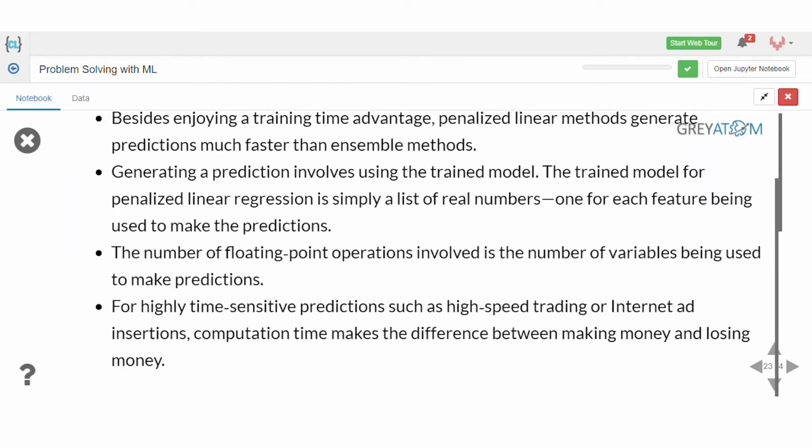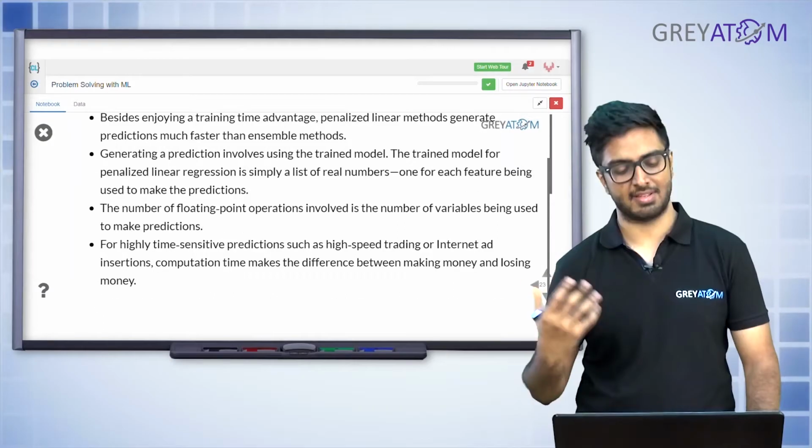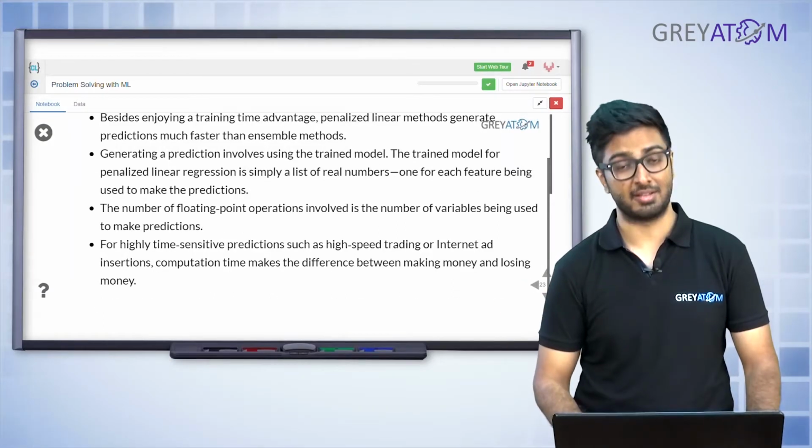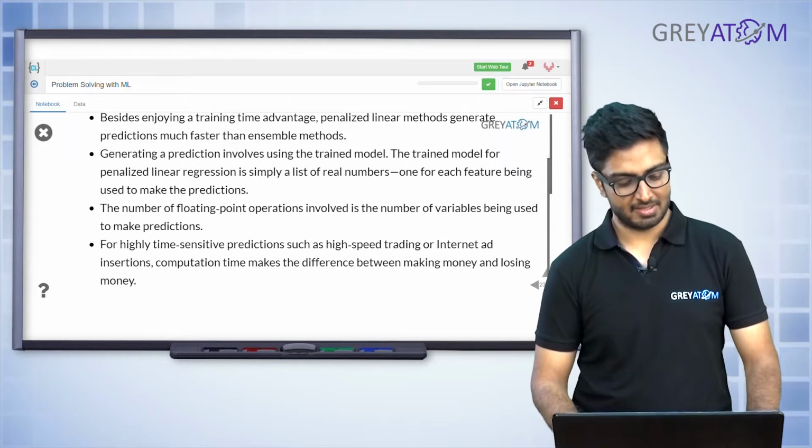So this is again the same thing that we have already talked about, the time-consuming part of linear regression and logistic regression. The easier methods are much less computationally expensive as compared to the other non-linear methods.